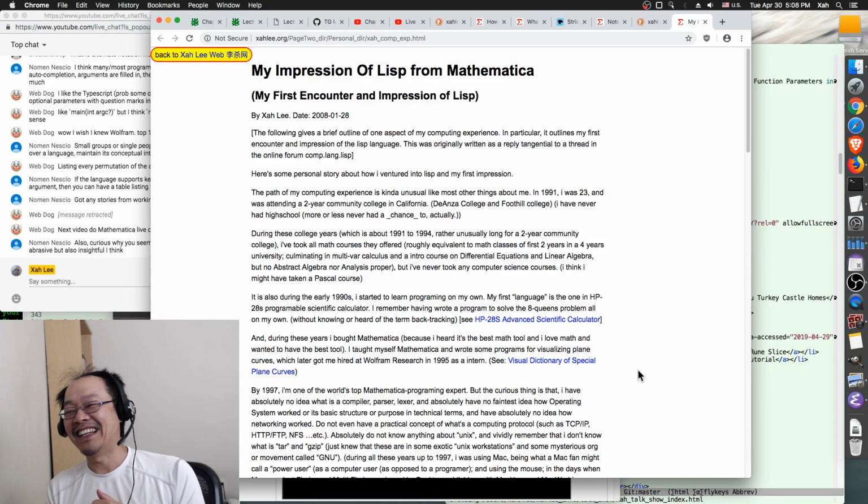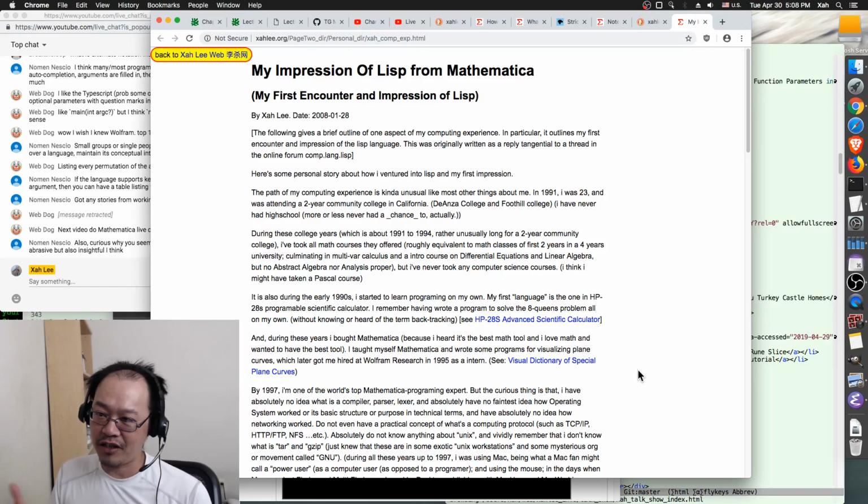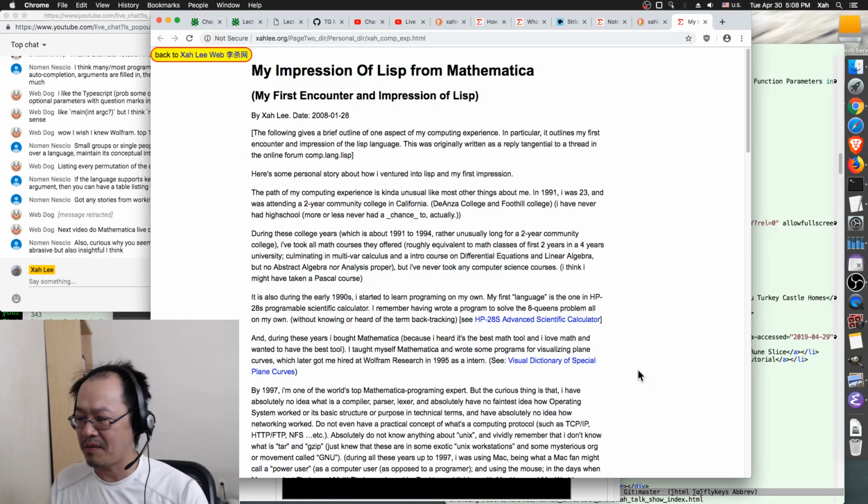I do not change my opinion. In fact, it's 10 times more solid. Mathematica compared to all the Lisps, doesn't matter which Lisp, Common Lisp, Scheme, Racket, when you compare those Lisps to Mathematica, they are all shit. It's like 10 times worse.